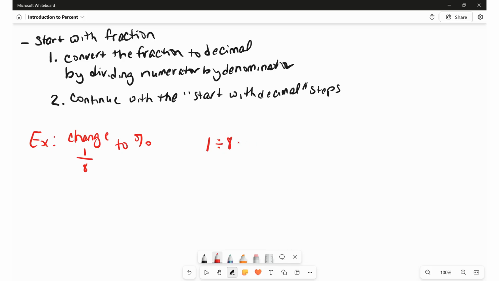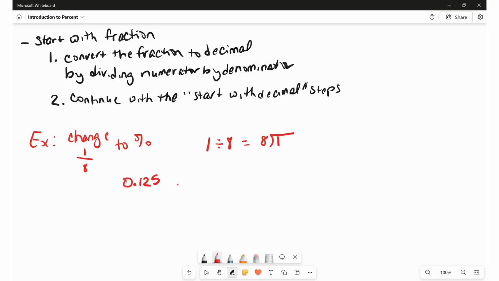The way we know that this is correct, if you think about it, 1 out of 8, is that going to be bigger or smaller than 1 whole? If we had 1 pizza cut into 8 slices and you ate 1 slice, you ate a lot less than 1 whole pizza. So, in your calculator, 1 divided by 8 gives us 0.125.